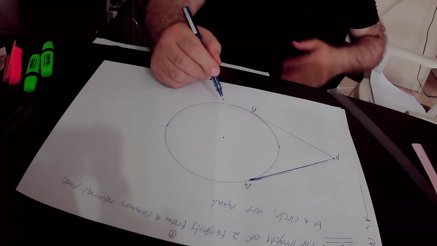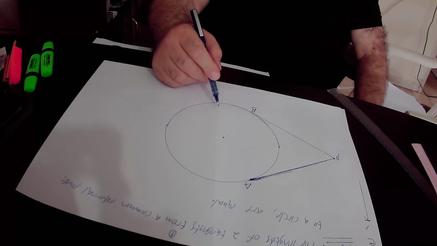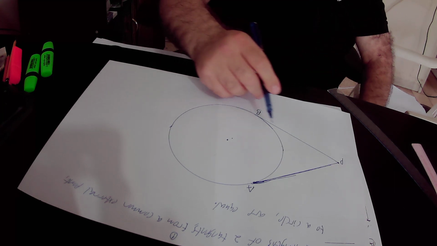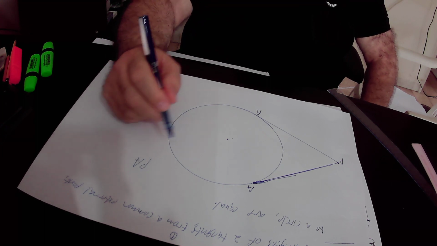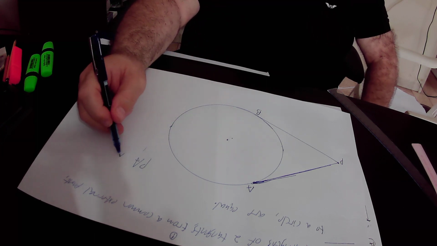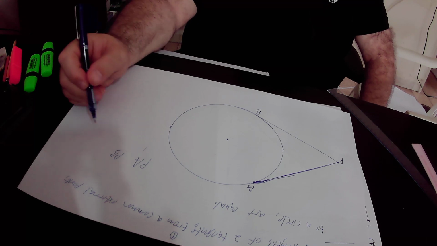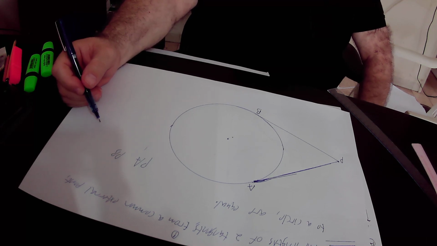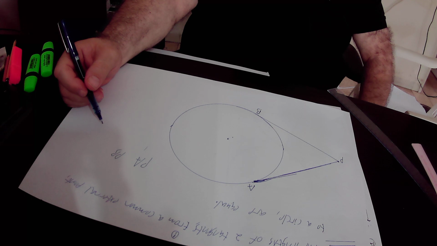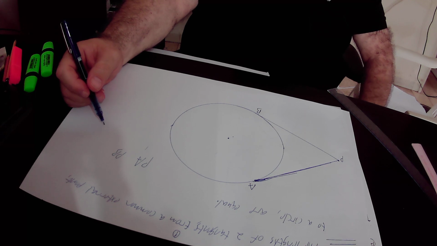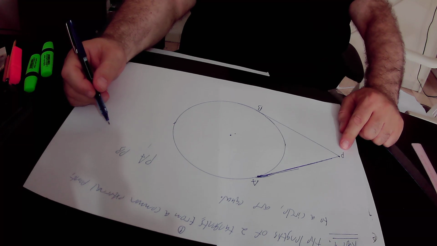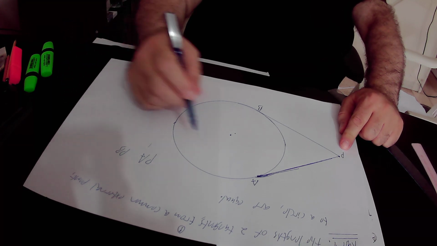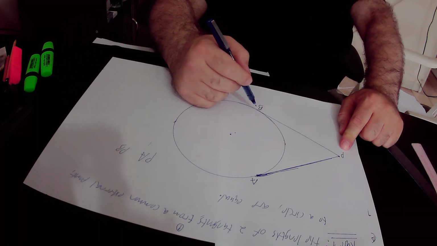So according to rule number 1, the length of the first tangent is PA and the length of the second tangent is PB. And according to rule number 1, the lengths of two tangents from the common external point to a circle, to points A and B, are equal.